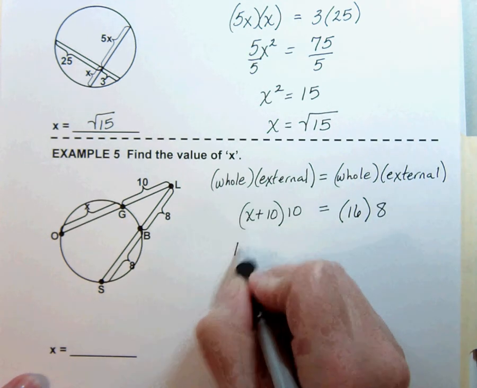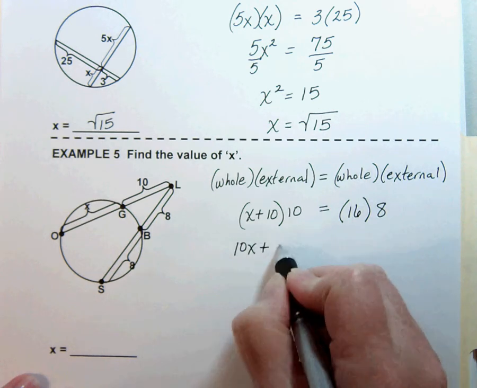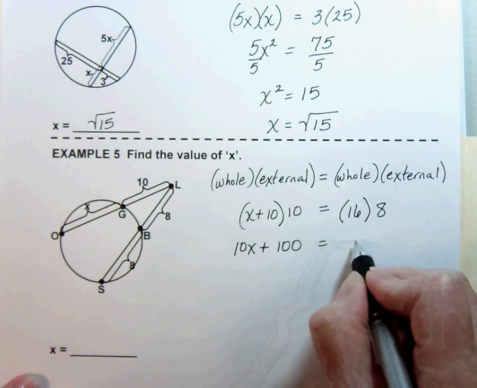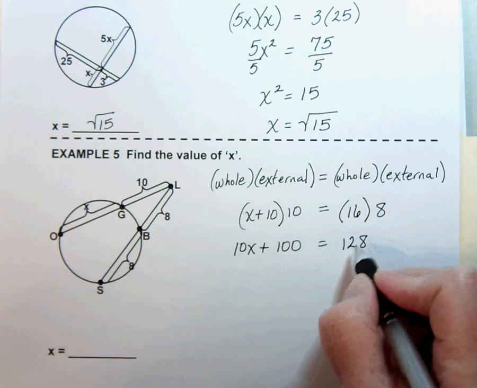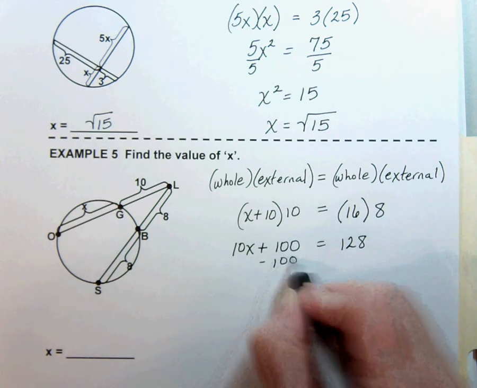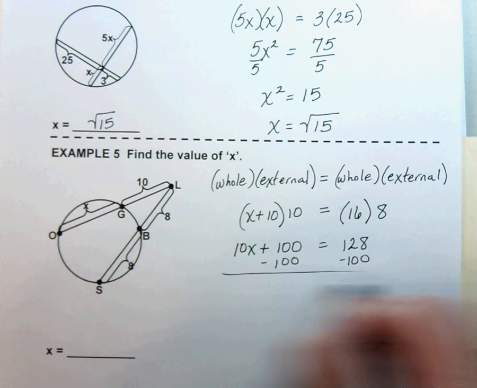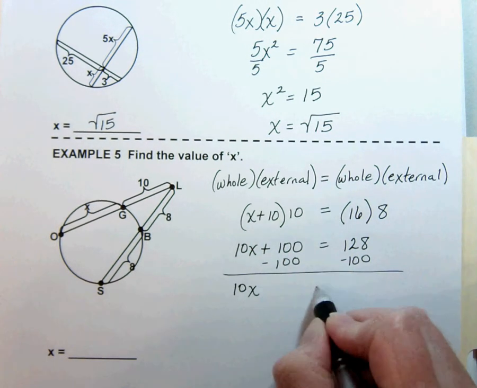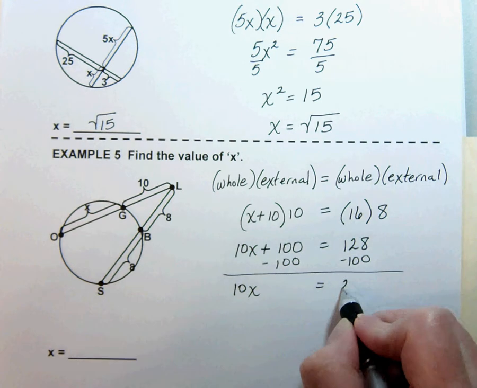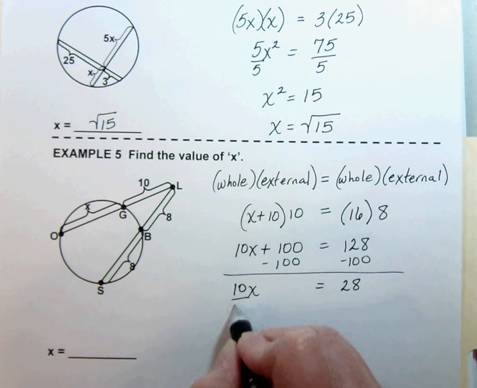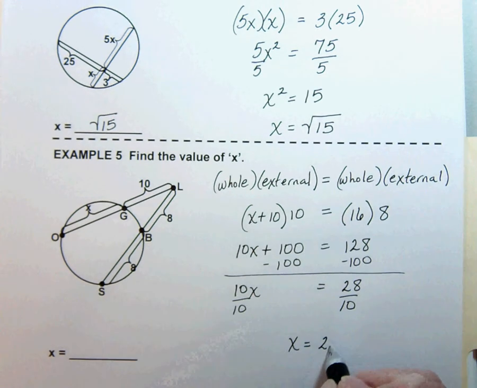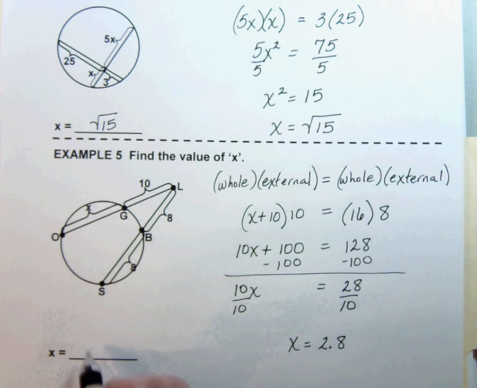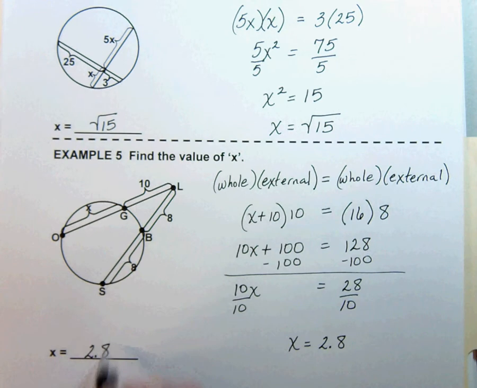Be sure to distribute 10x plus 100. 16 times 8 is 128. Subtract 100 on both sides. So 10x would equal 28. Divide by 10. So x would equal 2.8. So that's your answer for example 5.